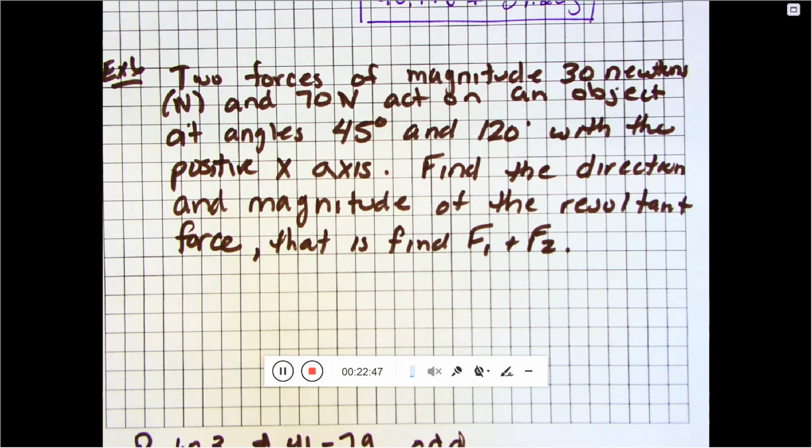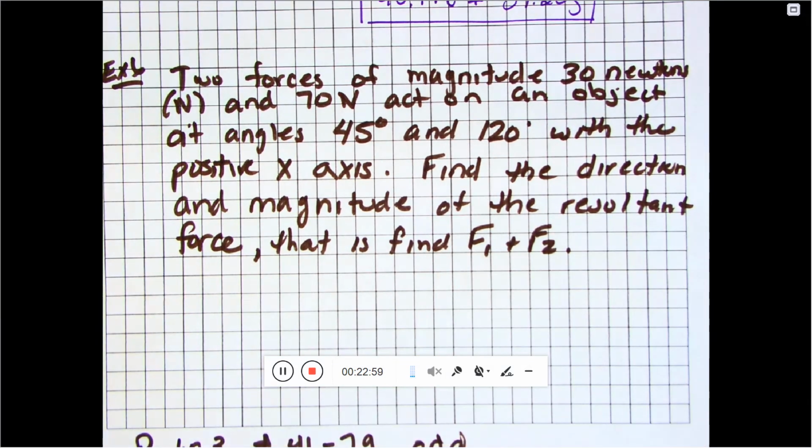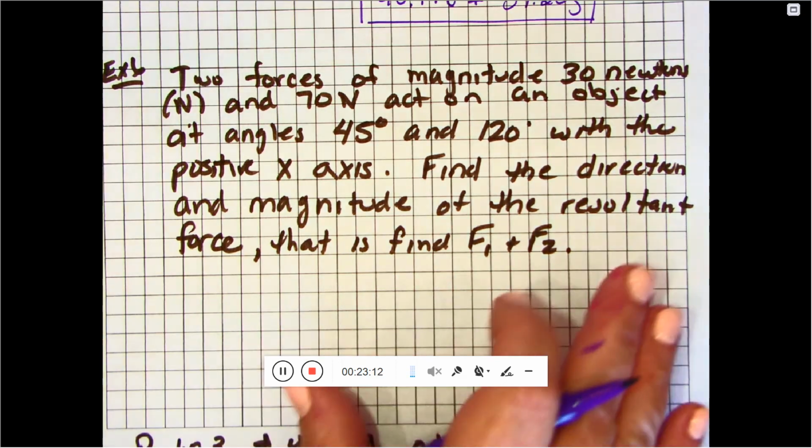We have to add those two force vectors to find the resultant force. What's going to happen to the object? It's getting pulled in one direction with one force, it's getting pulled in another direction with another force, and the resultant is going to be yet a third. It's going to go in a third direction with a different force.